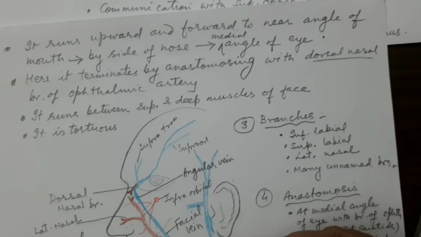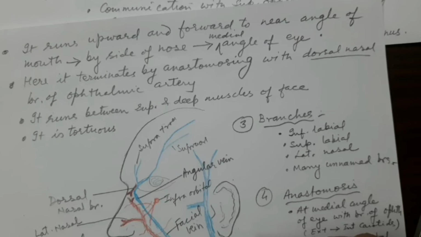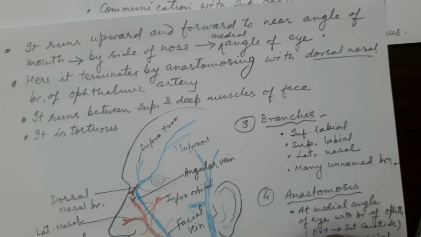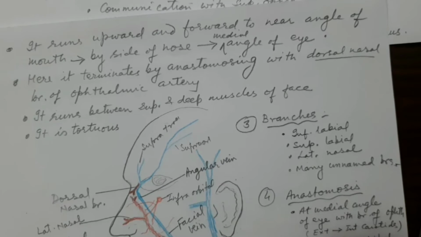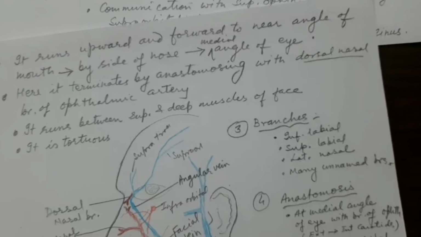And this retromandibular vein, lower down, below the level of the auricle, will divide into two branches, an anterior and a posterior division. This is the anterior division and here will go the posterior division. The anterior division will unite with the facial vein to form the common facial vein.